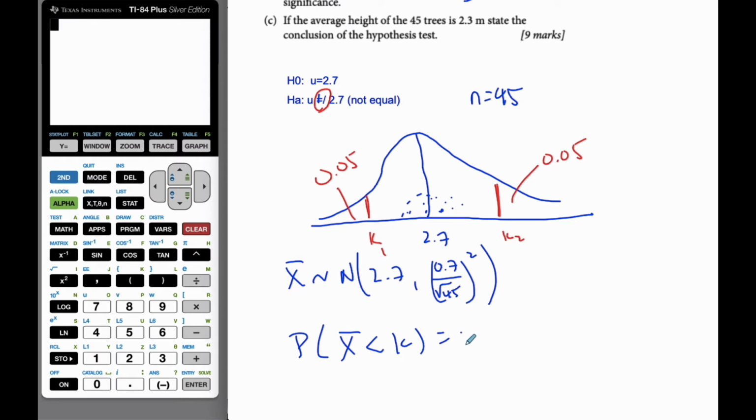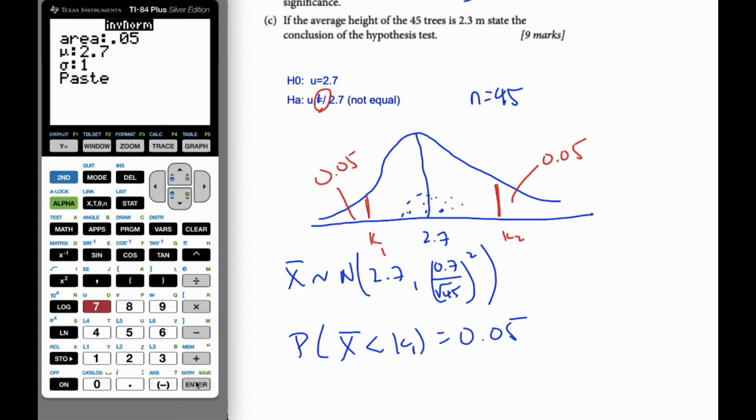It has to be 0.05. To do it, if I have the area and I want to find the value, I go to my inverse normal, where I know the area is 0.05. The mean is easy, 2.7, but the standard deviation is the one you have to be careful of: 0.7 divided by the root of 45.